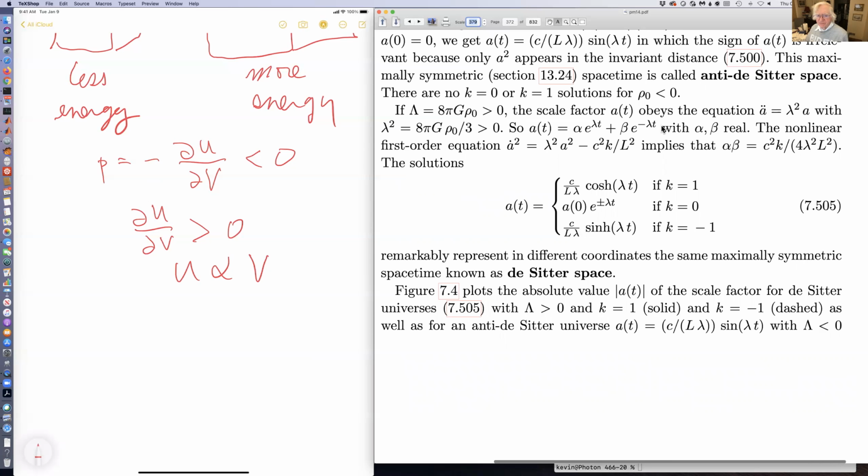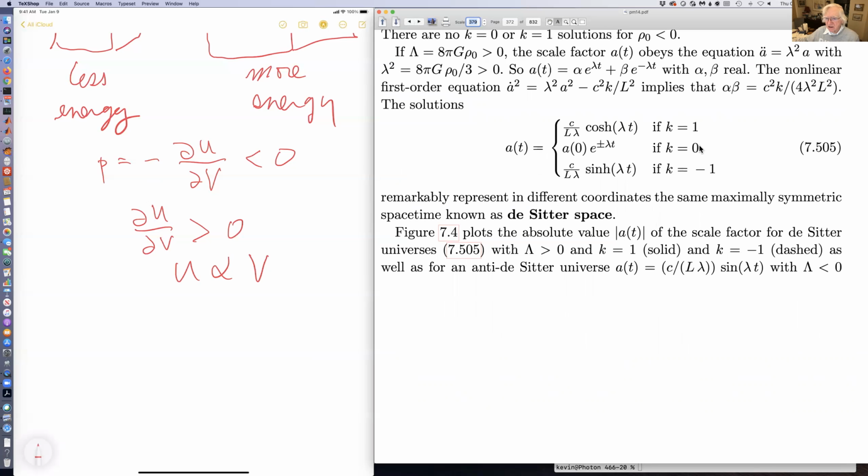And so these are, right, well, this is a cryptic sentence here, and I'm not going to try to explain it, but the three cases here can be thought of as representing the same space-time, but in different coordinates.